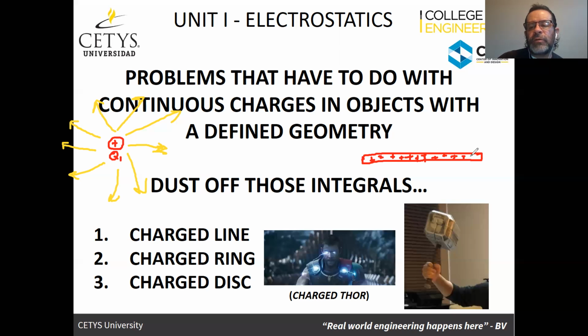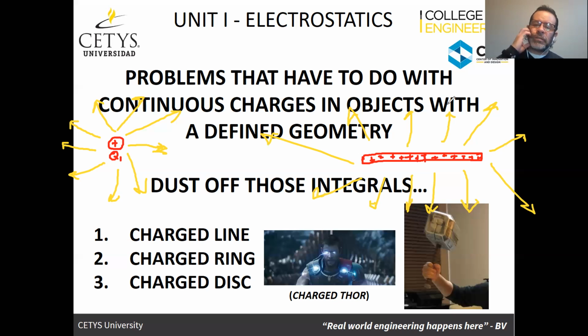And this is also generating an electrical field. Would you agree? This is also generating an electrical field that for all effective purposes is also going outwards. It's going outwards because it's a positive charge. Would you agree with that?